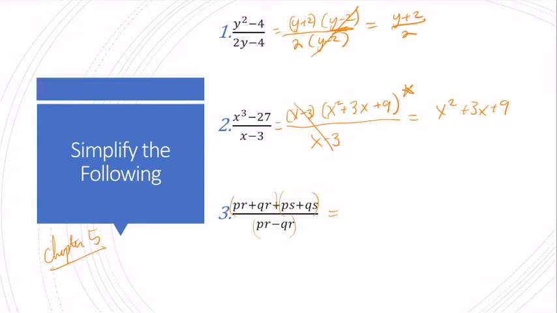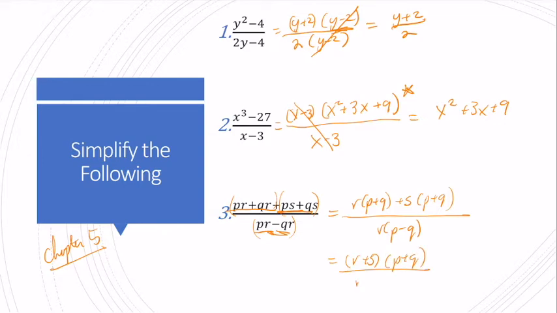The greatest common factor of PR and QR is R. The greatest common factor of PS and QS is S, all over R times P minus Q. So I have R plus S times P plus Q over R times P minus Q. As you can see, nothing simplifies here. We should kind of feel like, oh man, I want to simplify these two, but we can't because one's plus and one's minus, so that's not the same greatest common factor, so they will not divide out.